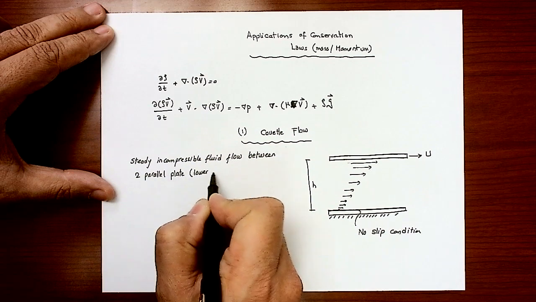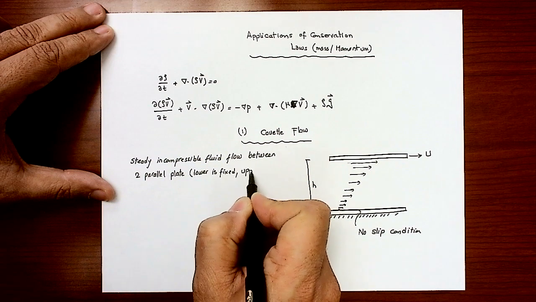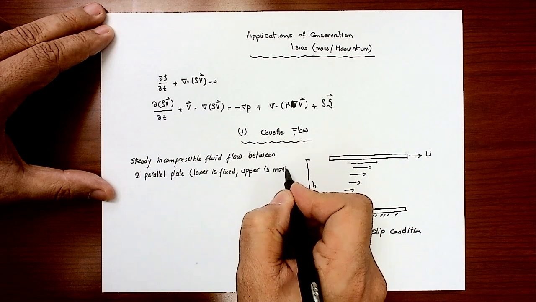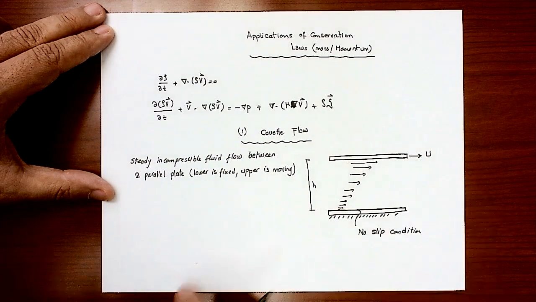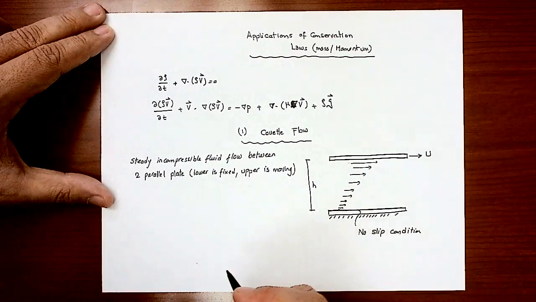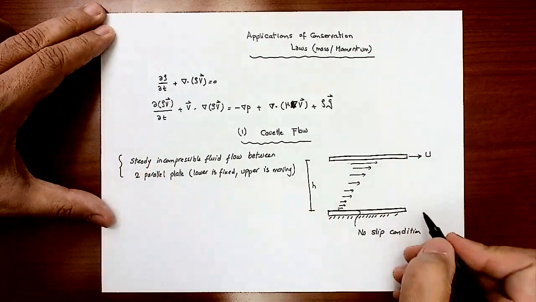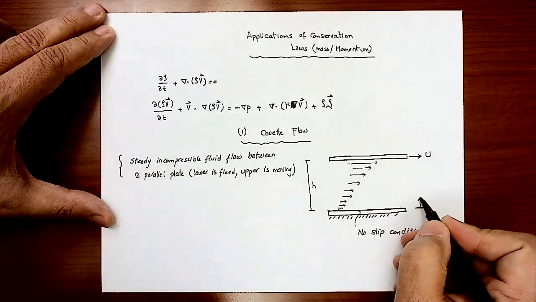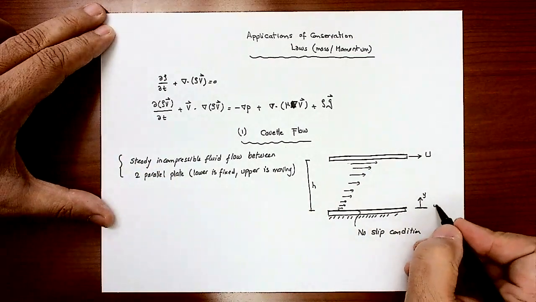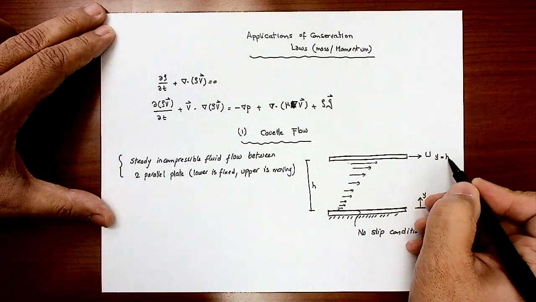Lower is fixed, upper is moving. And again, it's moving with a velocity u. That's the definition or the statement of the Couette flow. We're going to establish a coordinate y from here. So at that level, y is equal 0. Then when you go all the way to the upper plate, it's y equal h.